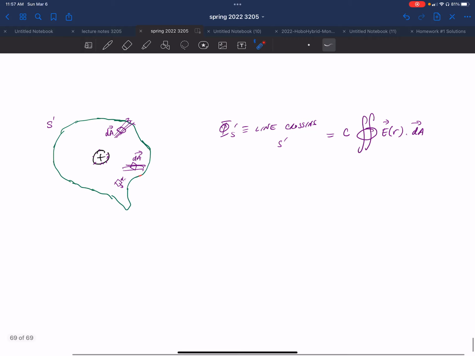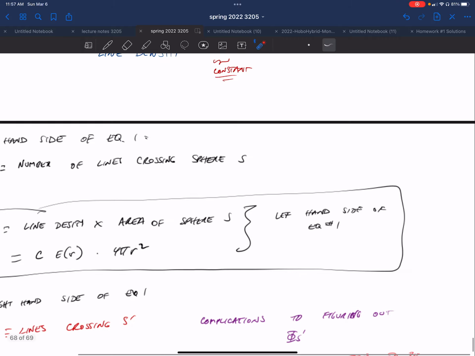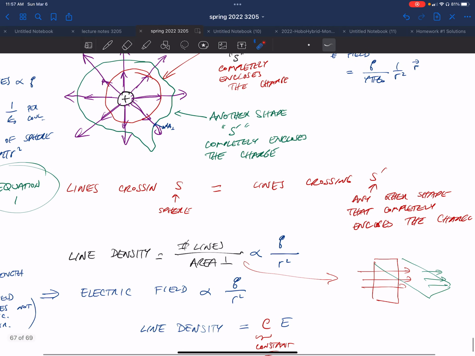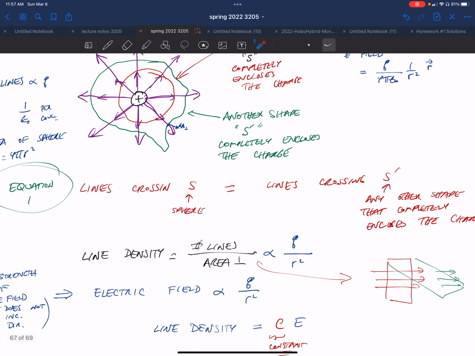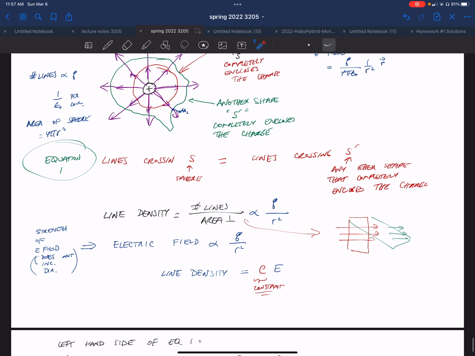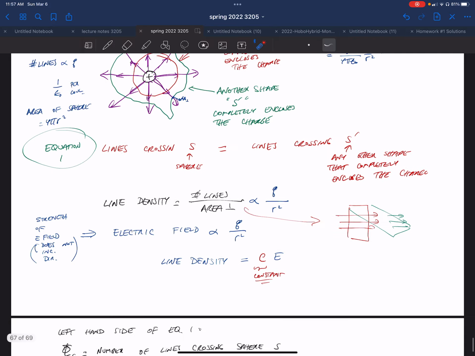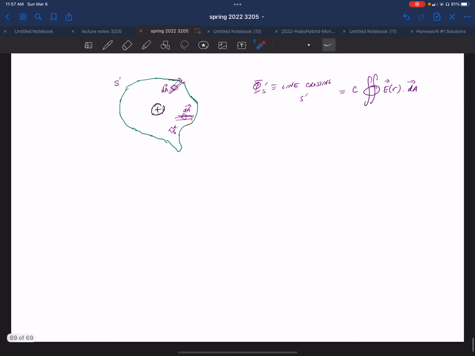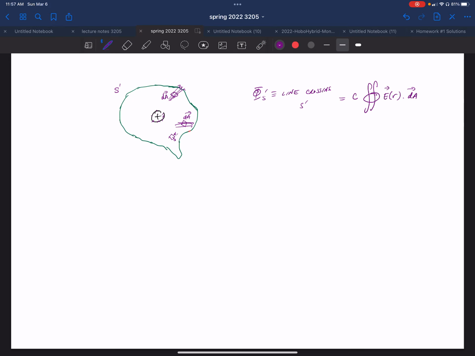Going back to our equation one, from the get-go we said that visually the number of lines crossing S is equal to the number of lines crossing S prime. So we can go back to that equation.